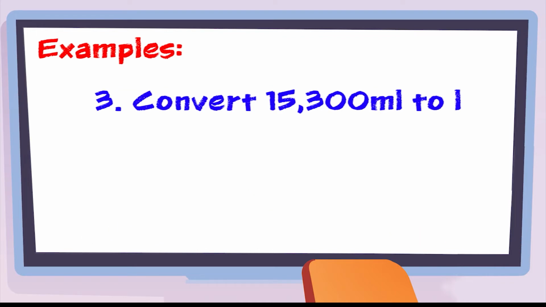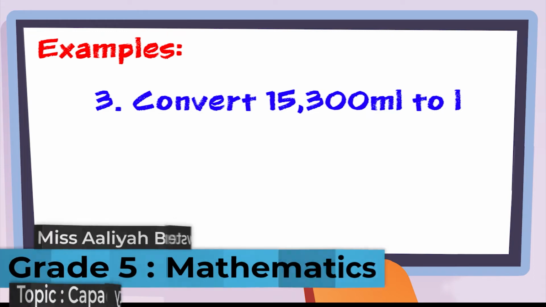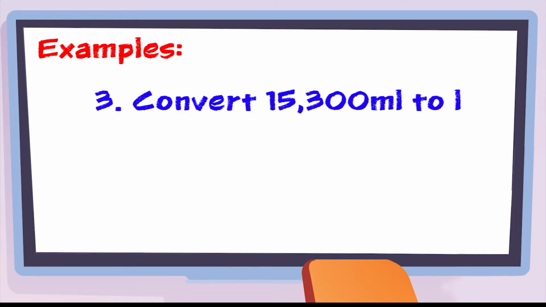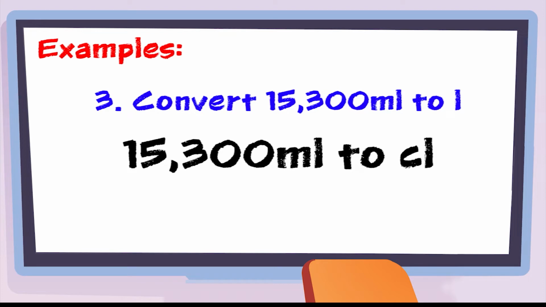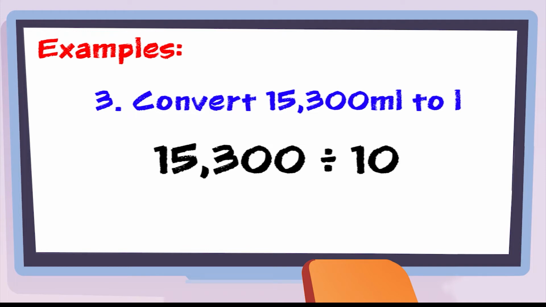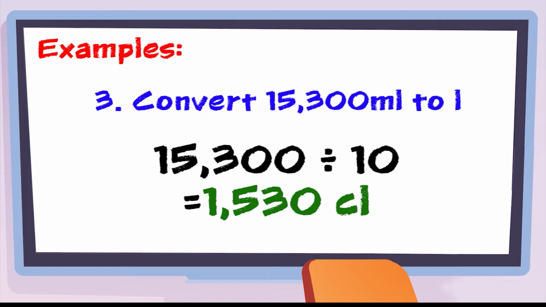For the third example, we're asked to convert 15,300 milliliters to liters. To do this, we will first convert 15,300 milliliters to centiliters. To do so, we will divide 15,300 by 10. The answer would be 1,530 centiliters.